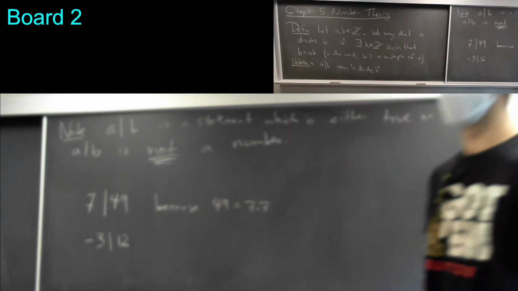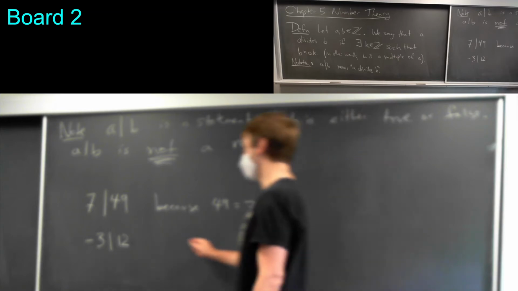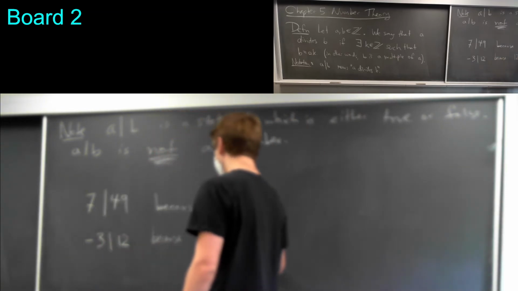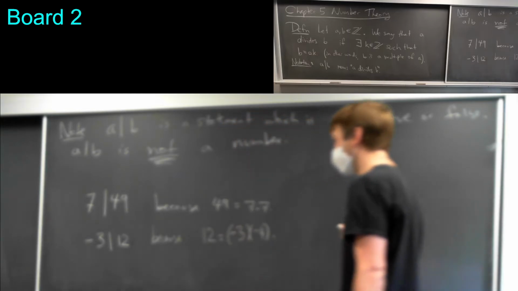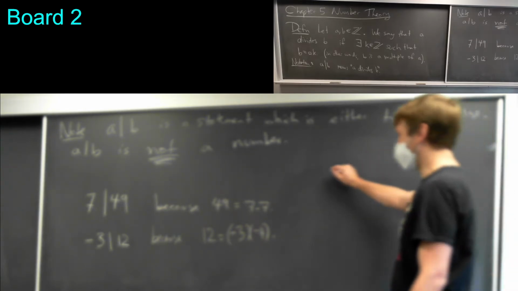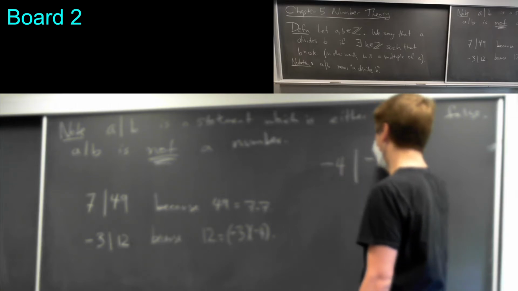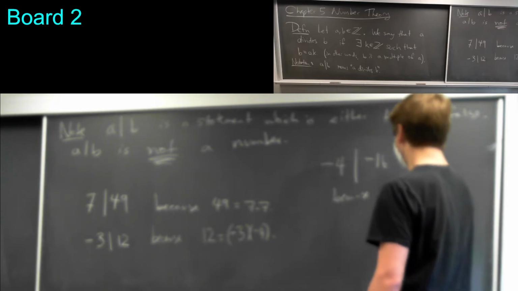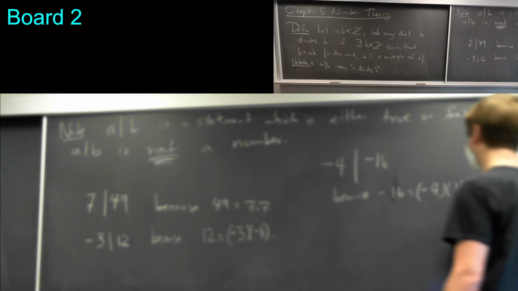This one's maybe a weird one, but this does work with negative numbers as well, because 12 is equal to negative 3 times an integer, specifically negative 4. You can also do this with two negative numbers, right? So negative 4 divides negative 16, because negative 16 is negative 4 times 4.